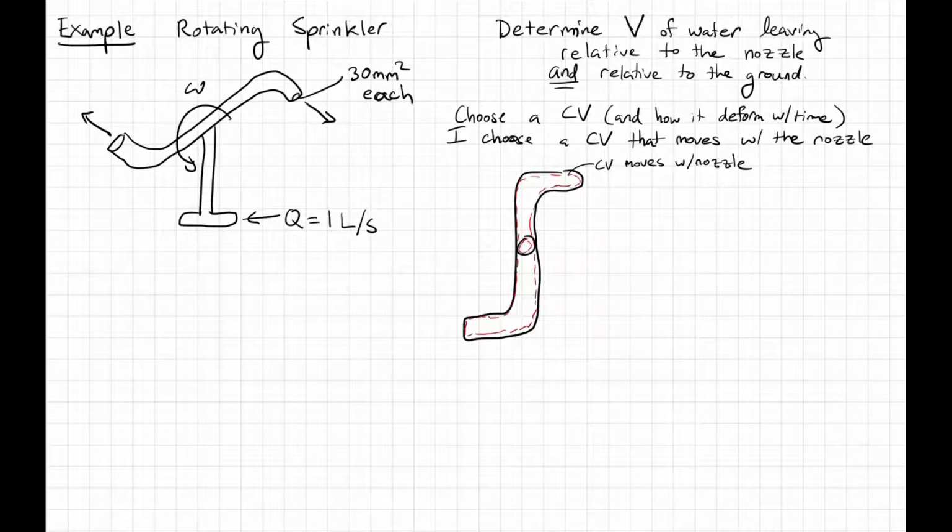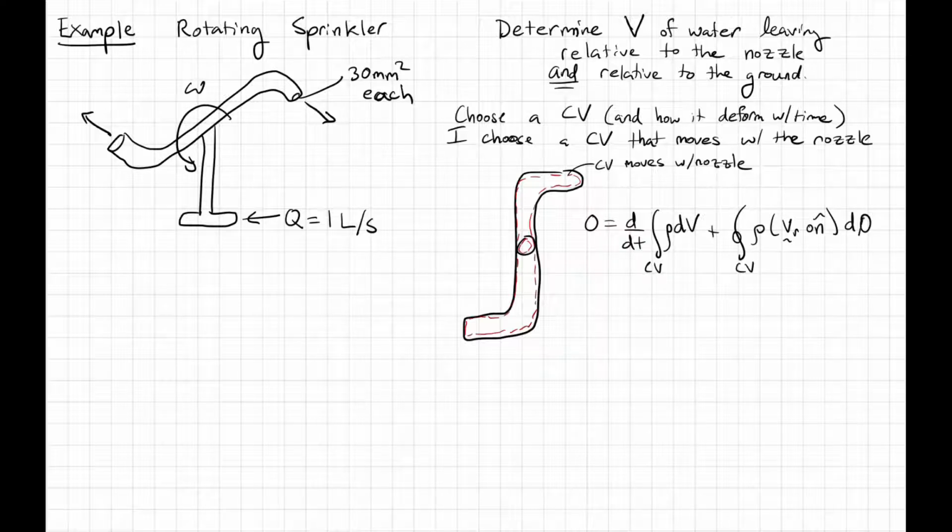If I write conservation of mass by performing the integrals over our control volume, the Reynolds transport theorem would say that zero, the rate of change of mass of the material, equals the rate of change of mass in our control volume plus the rate that mass flows in and out of our boundaries.